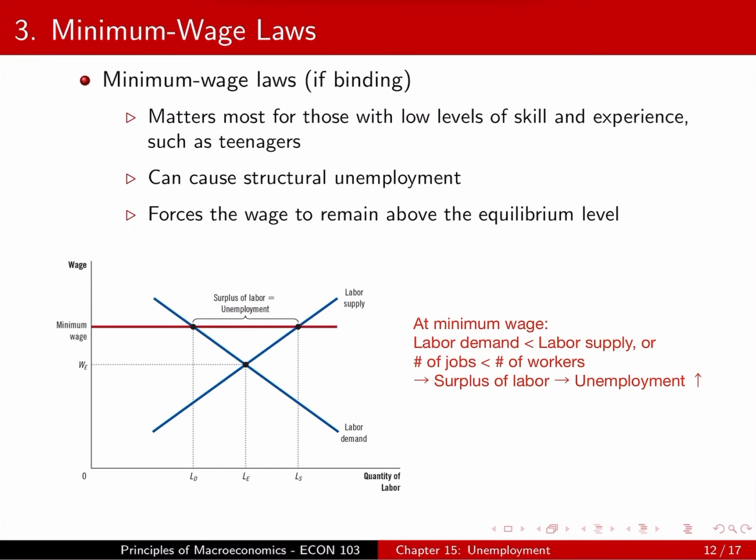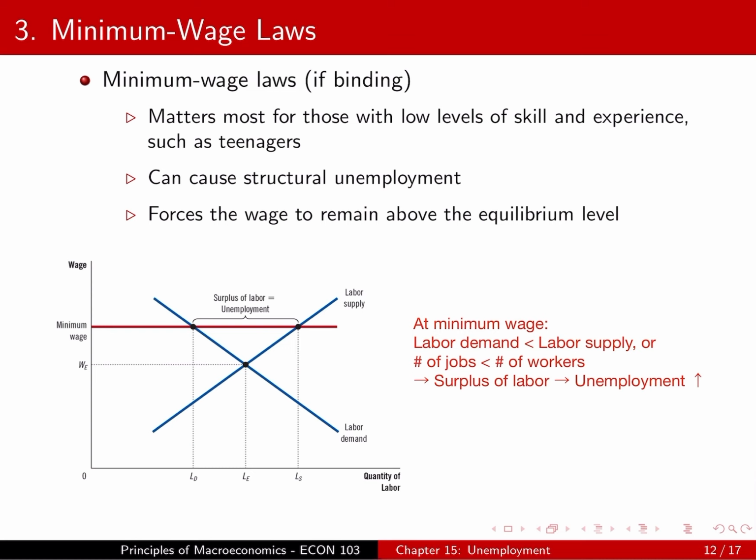Here in this section, let's discuss another significant cause of unemployment: minimum wage laws. When the minimum wage is set above the equilibrium wage, it creates a situation where there are more people willing to work at that wage than there are jobs available, leading to a labor surplus. This means that while some workers benefit from higher wages, others may find themselves unemployed because employers cannot afford to hire as many workers.